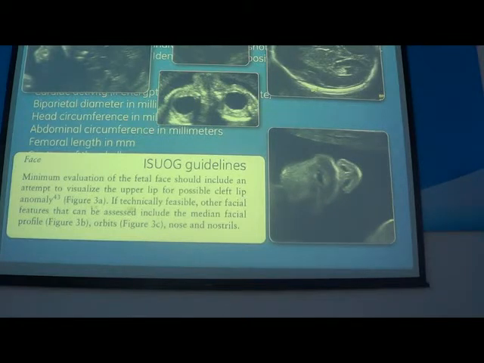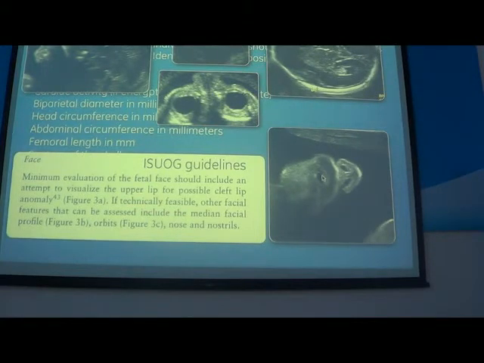And if it's possible, they ask to do the median facial profile, so this one, orbits, this one, and the picture of the nose and nostril. So it's quite similar. Theo cái hướng dẫn của ISUOG này, tương đối đồng nhất với cả cái guideline của Hiệp hội Sản phụ khoa Pháp. Tuy nhiên người ta yêu cầu thêm cả cái đường cắt đứng dọc.